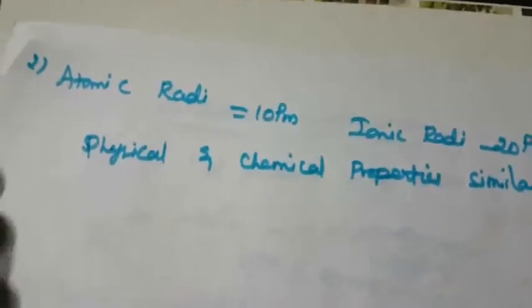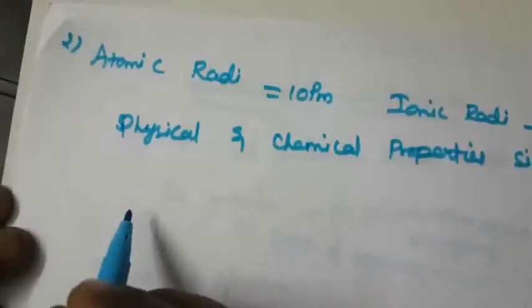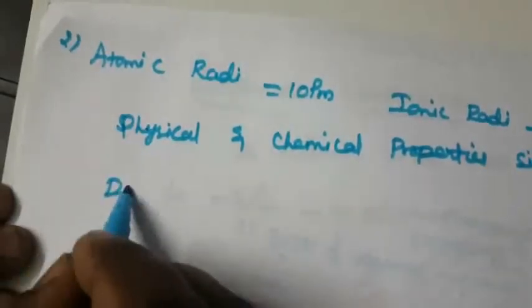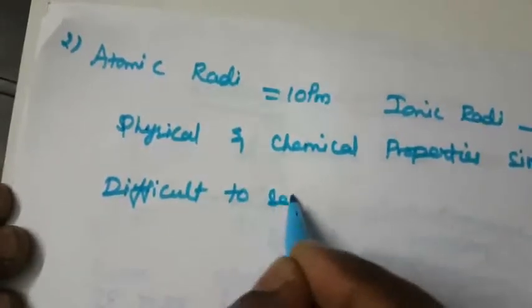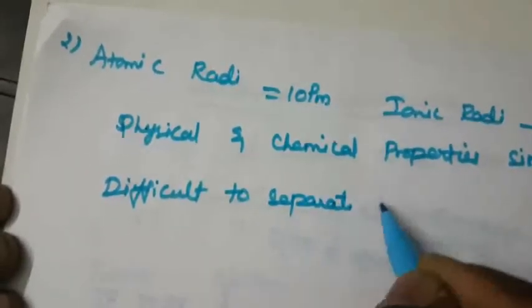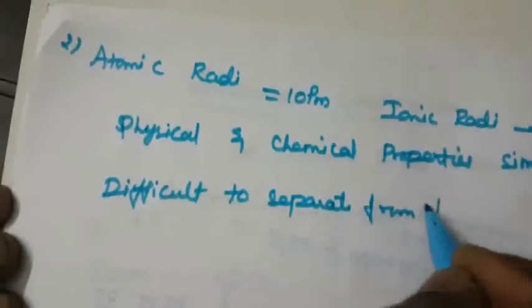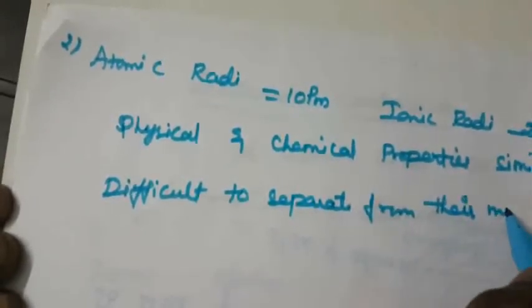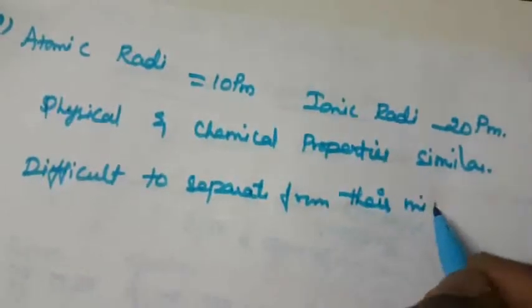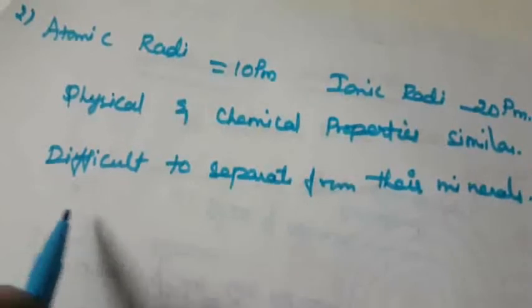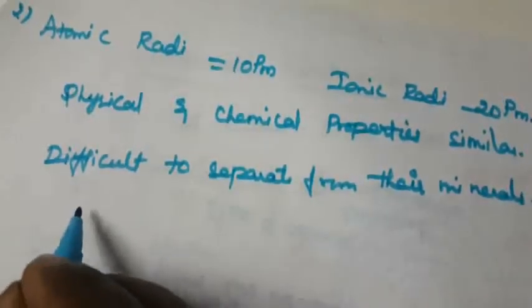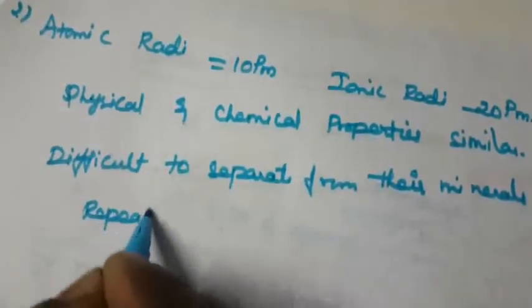So it is more difficult to separate from the minerals. How to separate these elements? By repeated fractional crystallization.